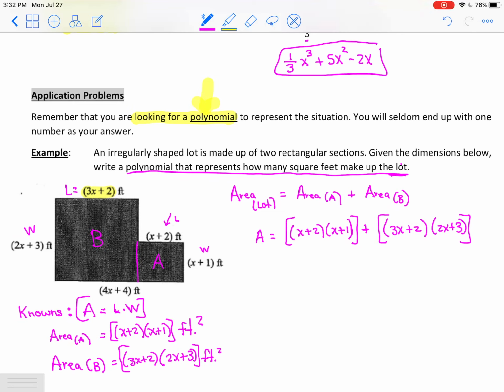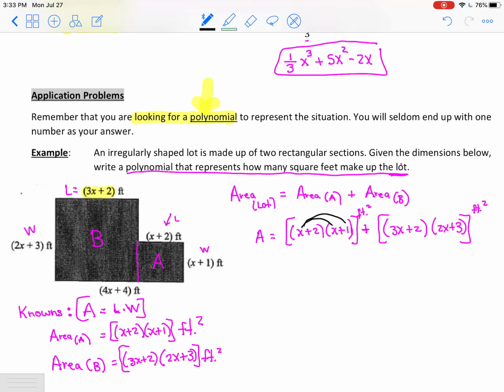I'm going to keep that separate, and I want to make sure that I'm putting on those brackets because I can see that I have binomials times binomials. And as we spoke of before, up above, we know that we have to FOIL these. So we want to keep them separate and do that work before we combine everything. I don't often like to put my units in when I'm doing the actual math. I think they get in the way for me. But I'm going to just note them there just so I don't forget them. Okay. So we know we have to do some FOILing here.